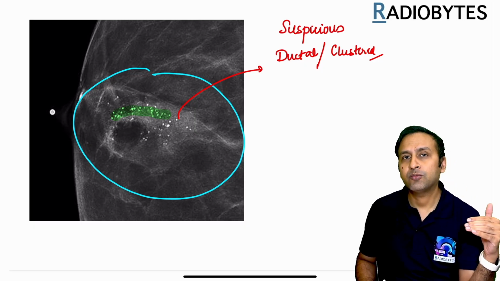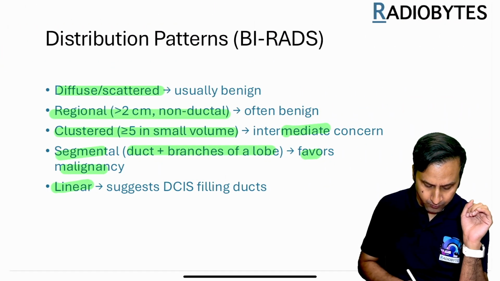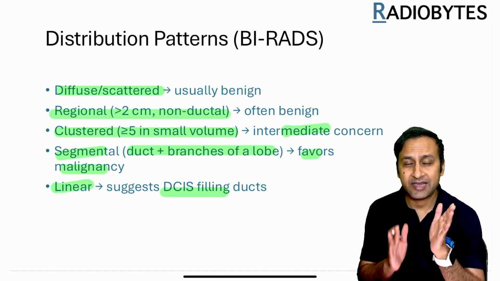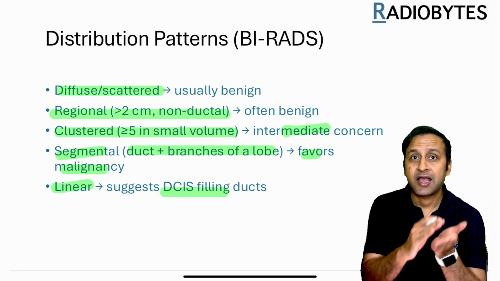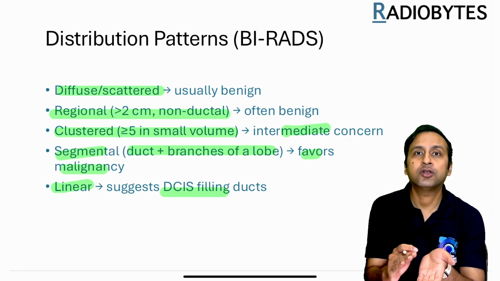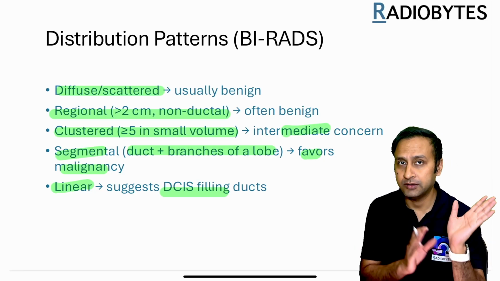We'll also be talking about the linear pattern in great detail when we're talking about ductal calcifications, but for now, one thing which is for sure is any calcification which goes through the ducts in the shape of the ducts and conforming to the morphology or the contour of the ducts is likely to be malignant. This is what we have learned so far.